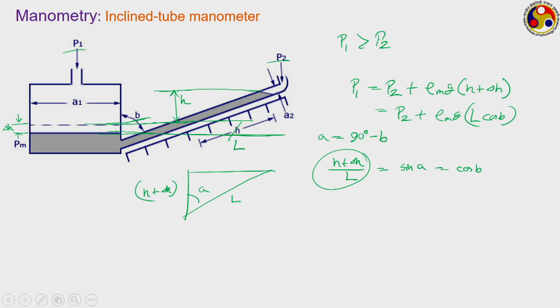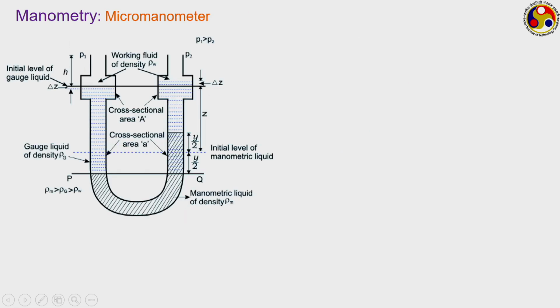The other way of increasing the sensitivity is the use of a micromanometer. In case of a micromanometer, we are still using a U-tube manometer, but here both the edges or lengths of the tubes are connected to large-dimension tanks or some kind of bulbs. And here we are using a second fluid, which is also known as the gauge fluid.